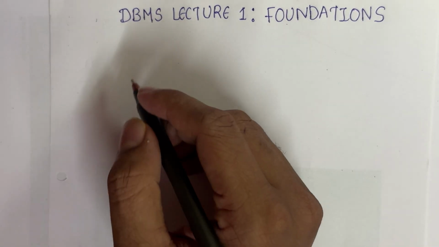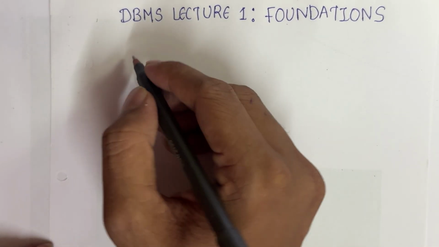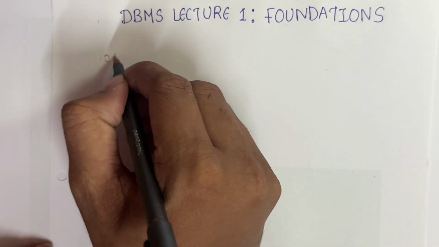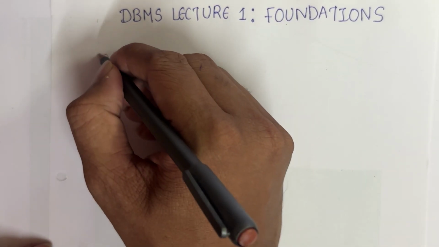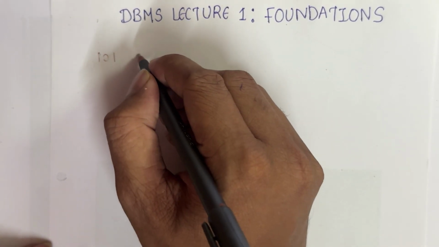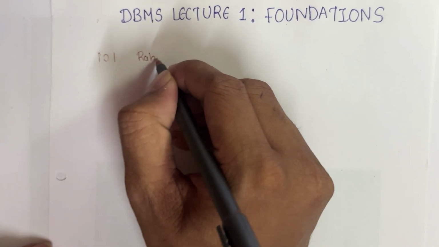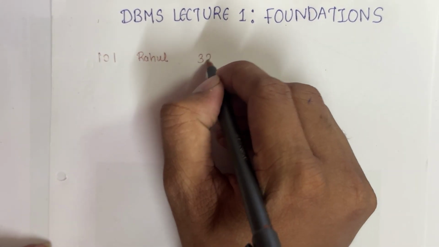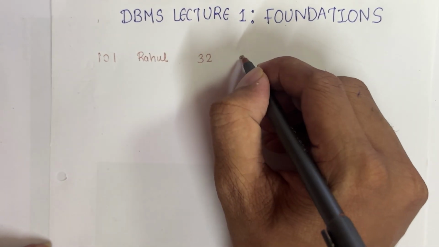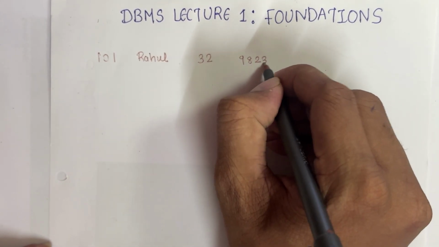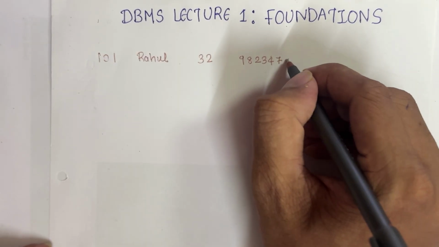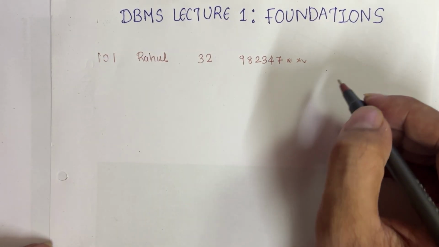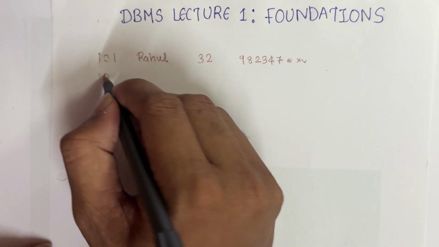So let's suppose we have a student 101, and his name is Rahul. His room number is 32. That's how we stored it. And there is his phone number, let's suppose 982347 and so on, whatever it is. We have another allotment which is done for Shreyash.